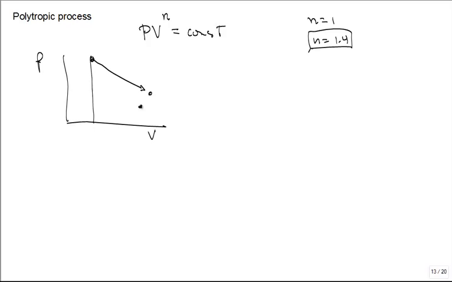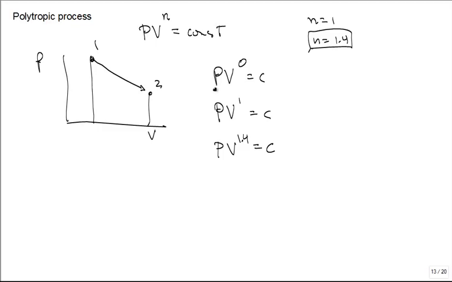And that's a positive work because it's expanding from state 1 to state 2. If I have PV to the 0, or PV to the 1 is equal to a constant, or PV to the 1.4 is equal to a constant, what do those curves look like?